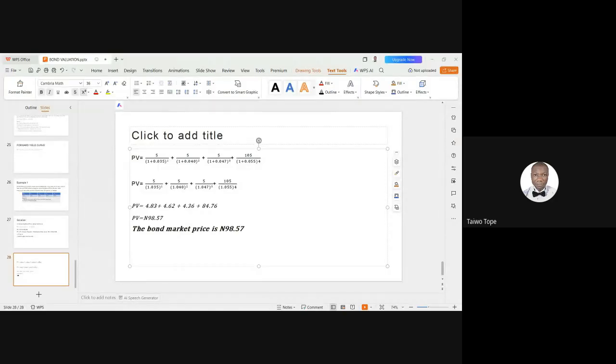You have an existing bond giving an interest of 7.5%. Now you have a new bond with an interest rate of 10%. What will happen? The new bonds are now offering 10% returns, while the existing bond is offering 7.5%.